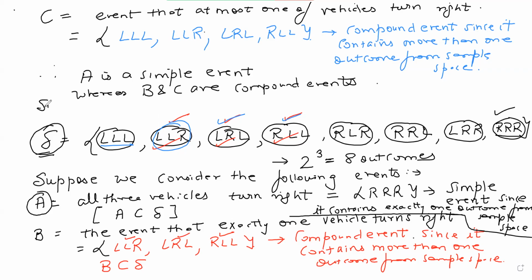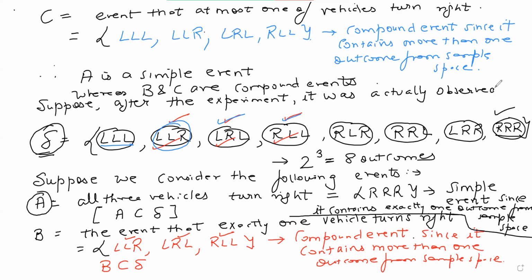So I can write, suppose after the experiment, it was actually observed that all three vehicles turned left. That is LLL. LLL occurred.